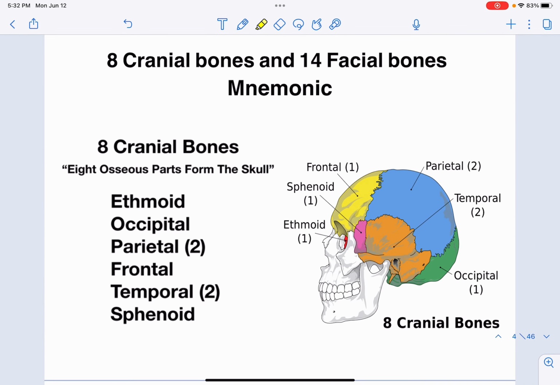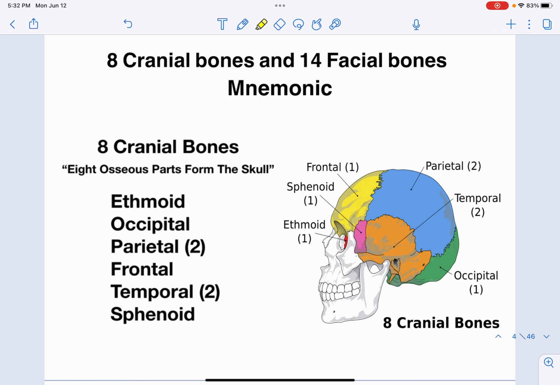The way that I have this lecture organized is I first talk about the cranial bones, the bones that house the brain, and then I go on to talk about the facial bones. The way I organized my lecture is based on a mnemonic.